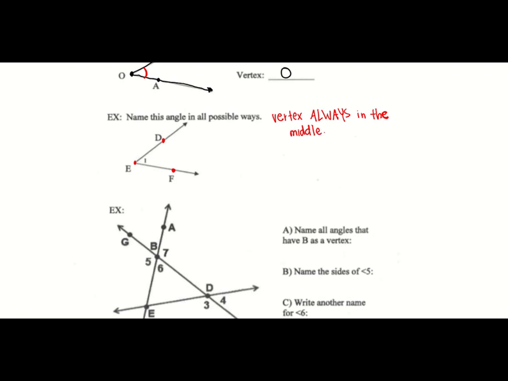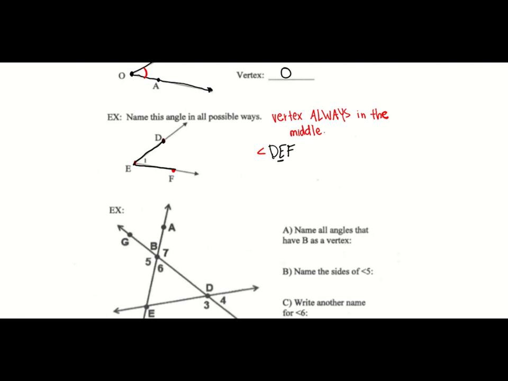So let's look at one way to name the angle. I'm going to use my angle symbol, which looks like this, and I'm going to start on the outside. So it would be D, go into my vertex, E, and then back out to my other point, which is F. So if we look here, my vertex, which is E, is in the middle of my 2 points.